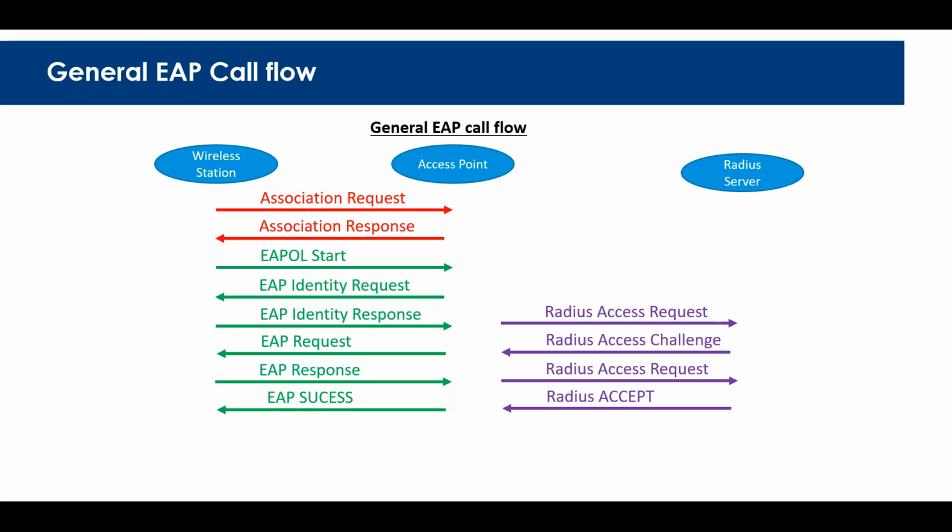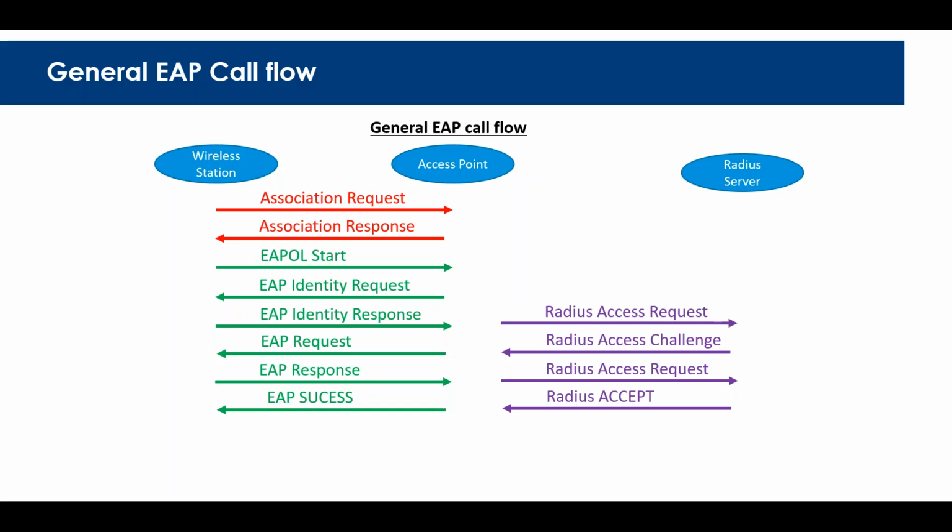So if it's WPA2 Enterprise, you will see an EAP identity request and EAP identity response in the wireless capture. Once the wireless client sends the EAP identity response, the access point will convert that to a RADIUS access request and send it to the RADIUS server.